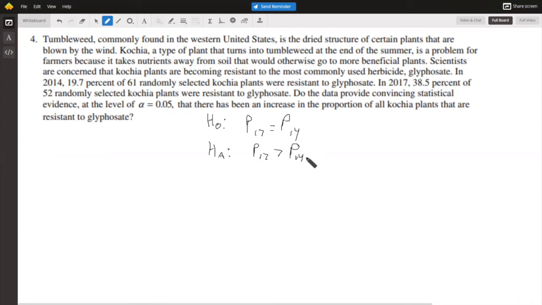I calculated the 19% of 61, which was like 12. So I did that for my X1, and I said N1 was 61. And then I did 38.5% of 52, which is 20 out of 52. And then I did that it was less than P2, and then I got a p-value of 0.01.